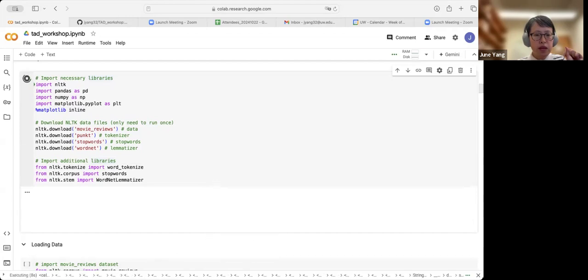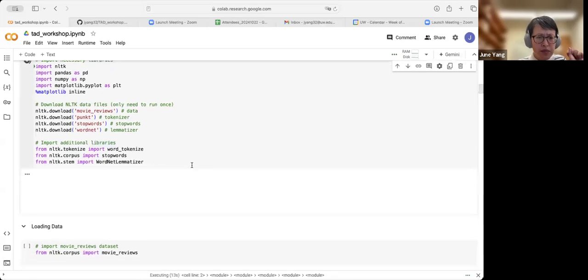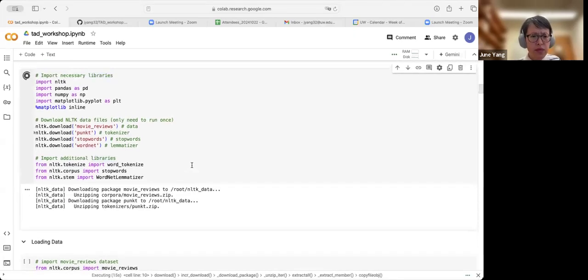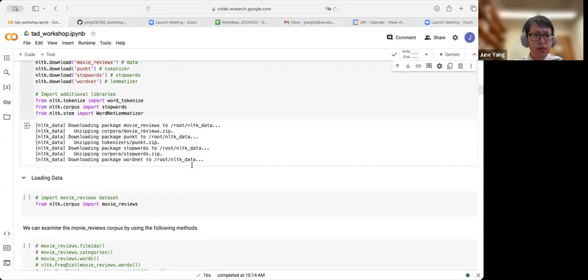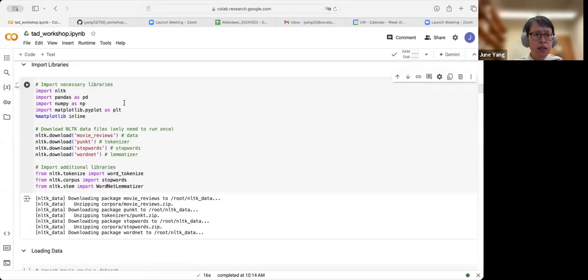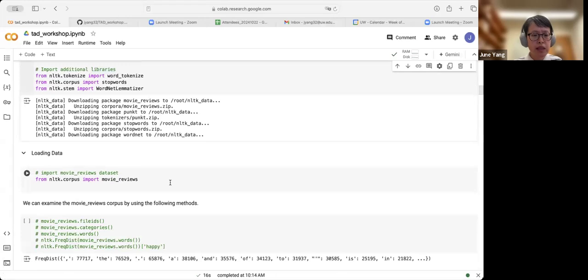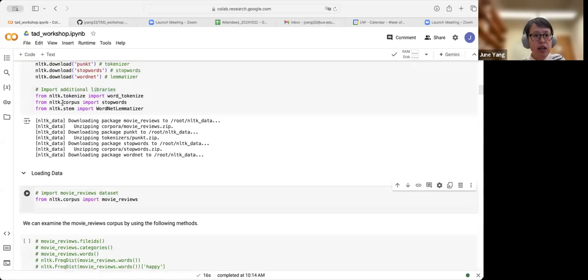You can notice that Google Colab is executing the cell, and then this right tick mark shows that the process is completed. And now notice that we've downloaded everything.